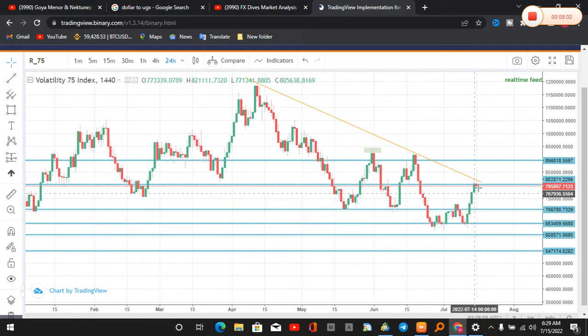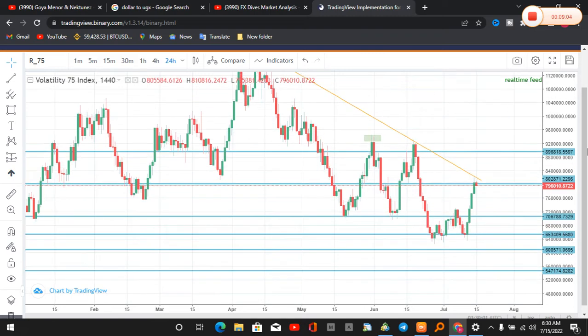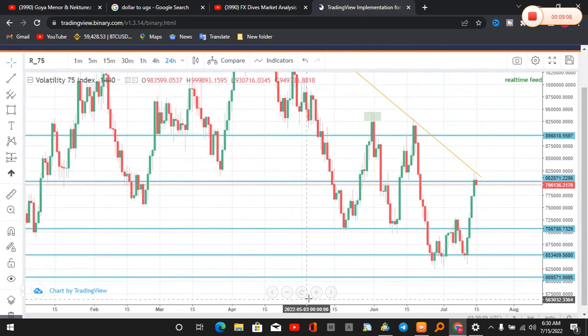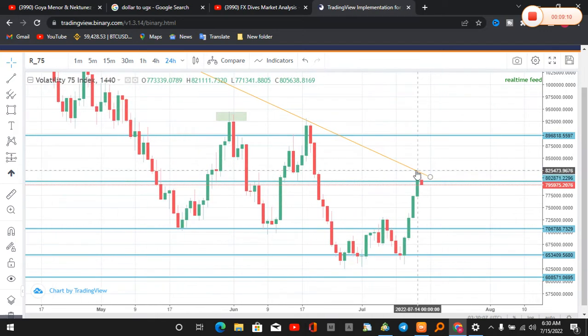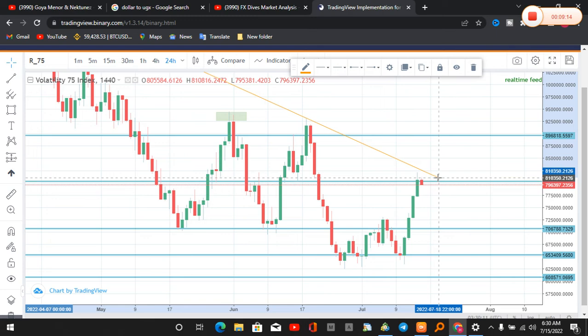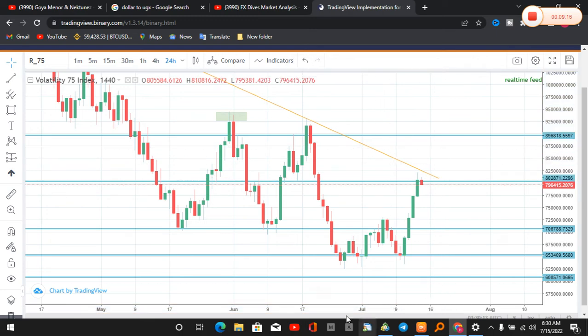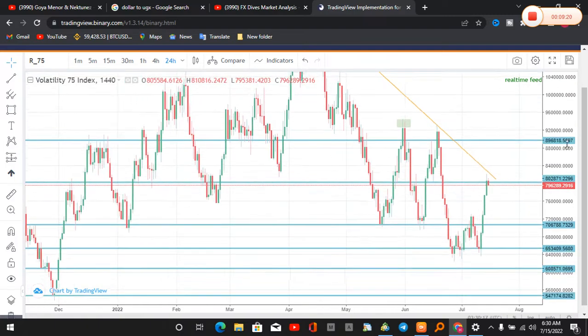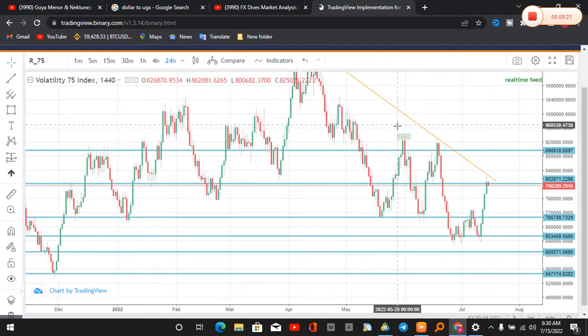It also came back, and recently it made another touch. So remember, now we have two confirmations. The market came back on this resistance level.